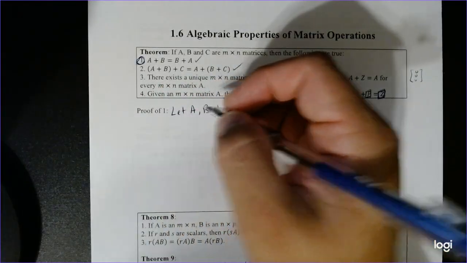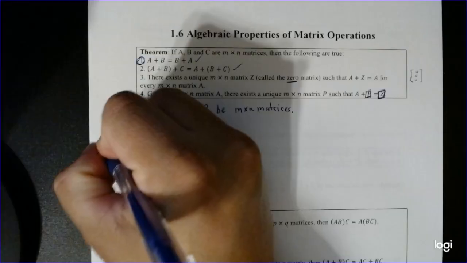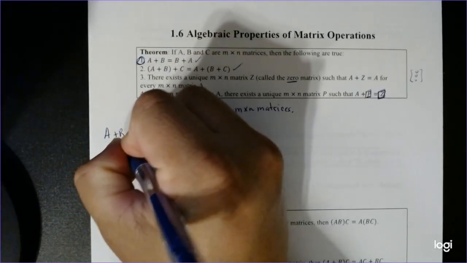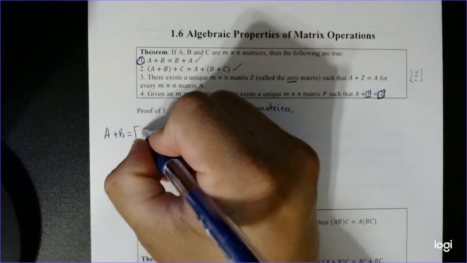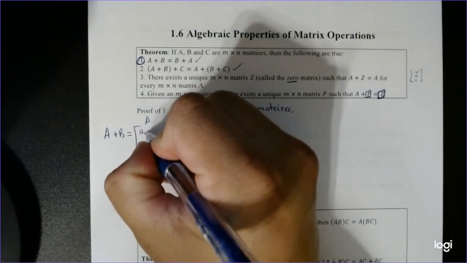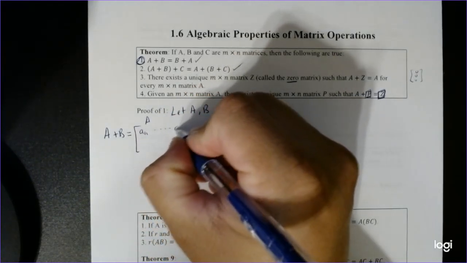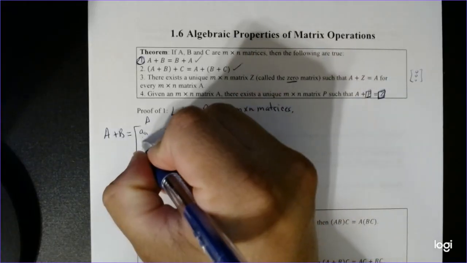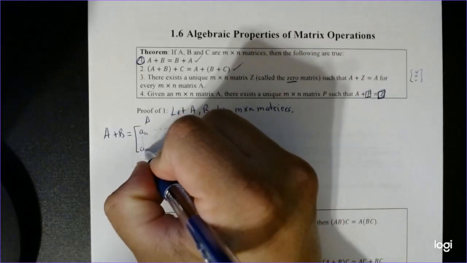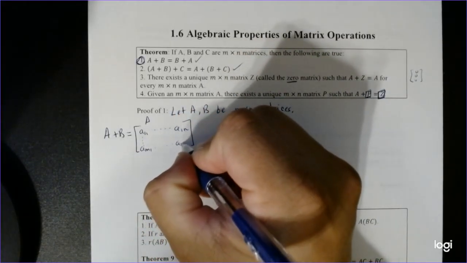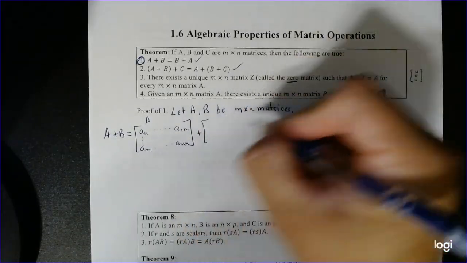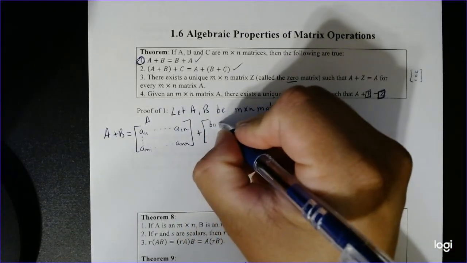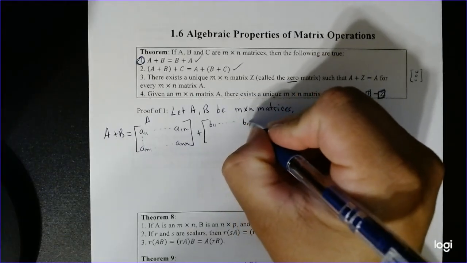So how this goes, we're just going to do A plus B. This is an arbitrary m by n matrix. So matrix A is just going to be this matrix. And then you're going to add it to B, which is the exact same form of matrix, but with different entries.